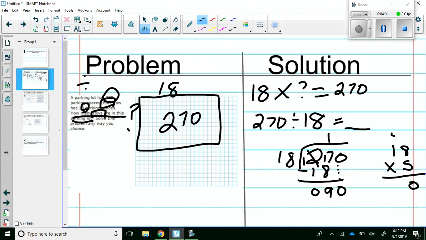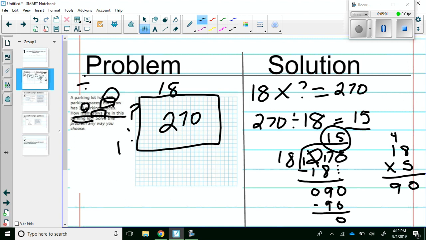There's my 0, carry my 4. 1 times 5 is 5, plus 4 is 9, and I got lucky. 8 times 5 equals 90. So now I can put my 5 at the top there. 5 times 18 is 90. I subtract it. I have nothing left, 0. So I know that my answer is 15.